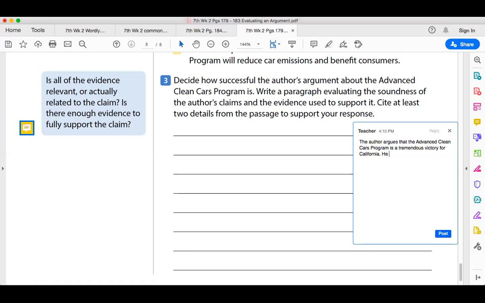Okay. He, and now I can say he. Did you notice up here I started off, I talked about the author. I didn't use a pronoun. I'm saying he now because now we know we are talking about the author.